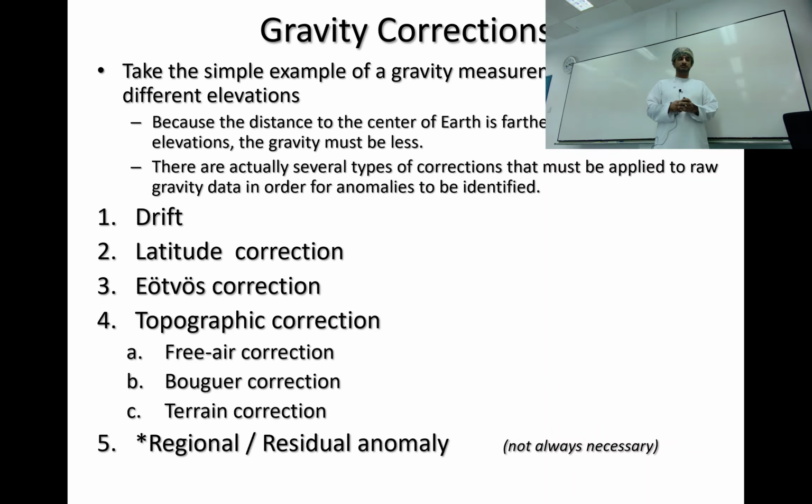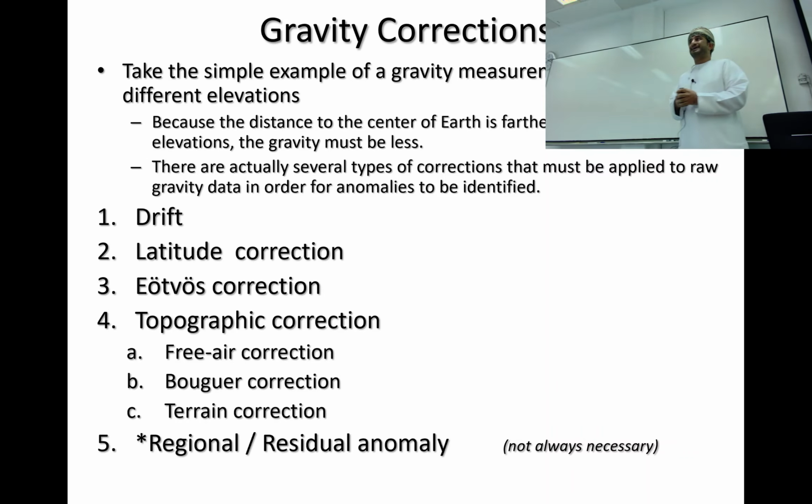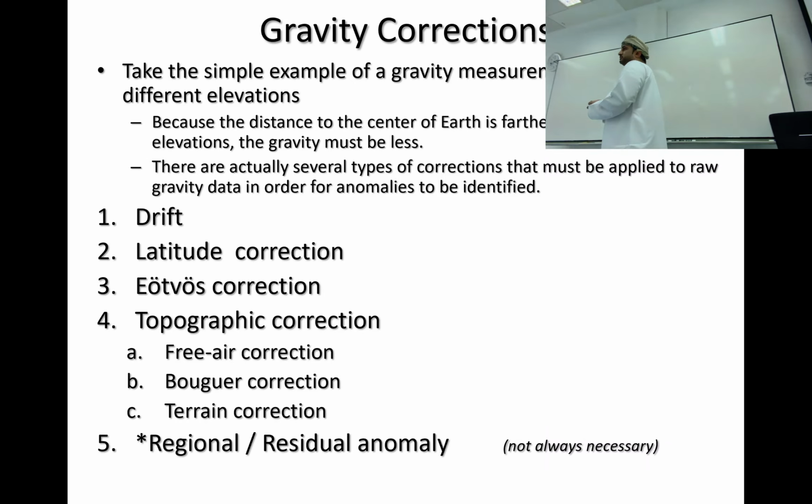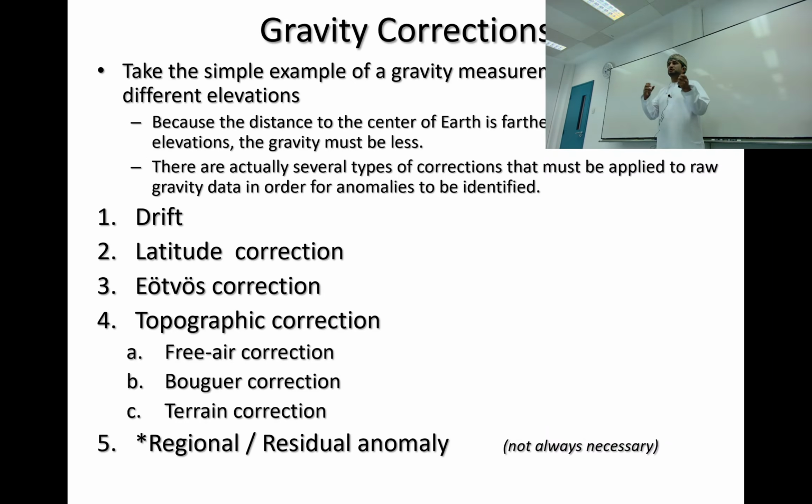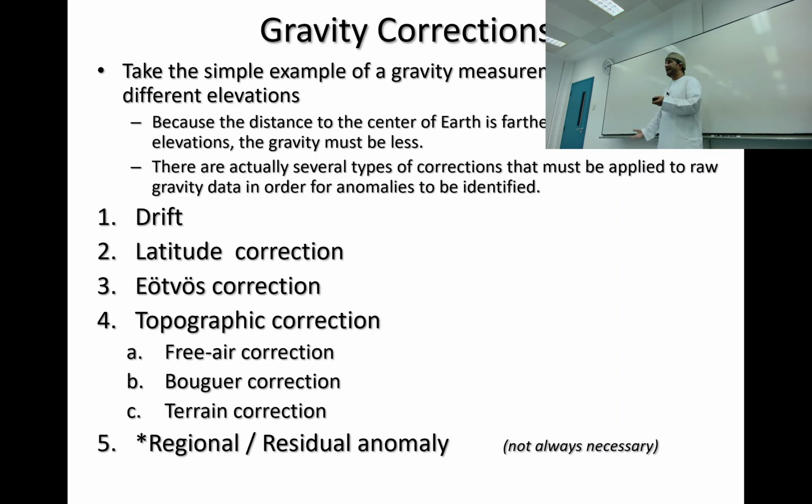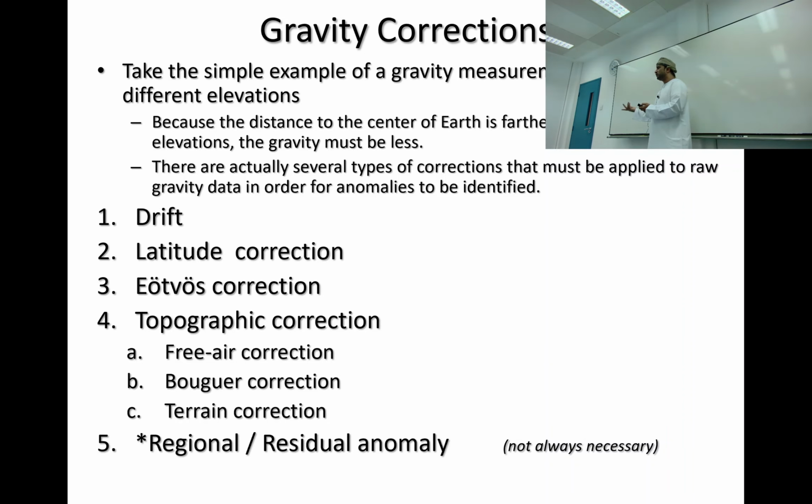We do a lot of corrections in topography, so measuring the elevation of points is very important. And whenever we measure elevation points, handheld GPS is not sufficient. It doesn't give you precise information on elevation. Nowadays, even smartphones have GPS.